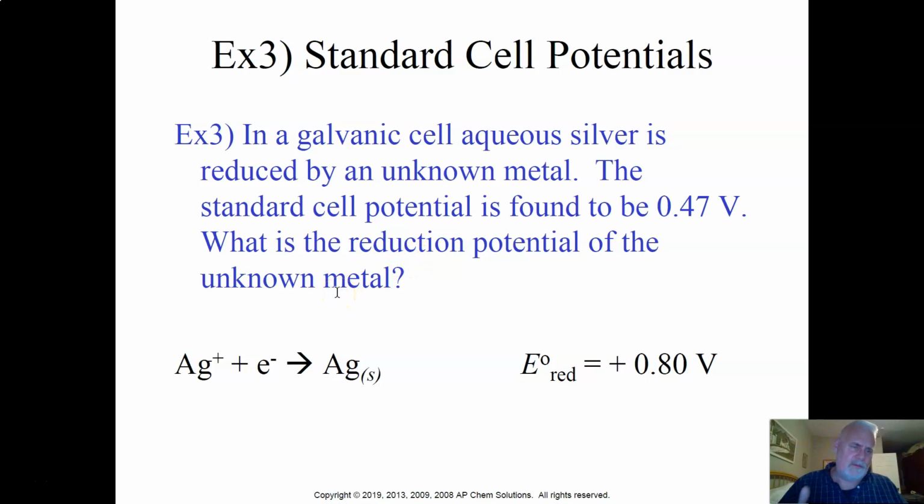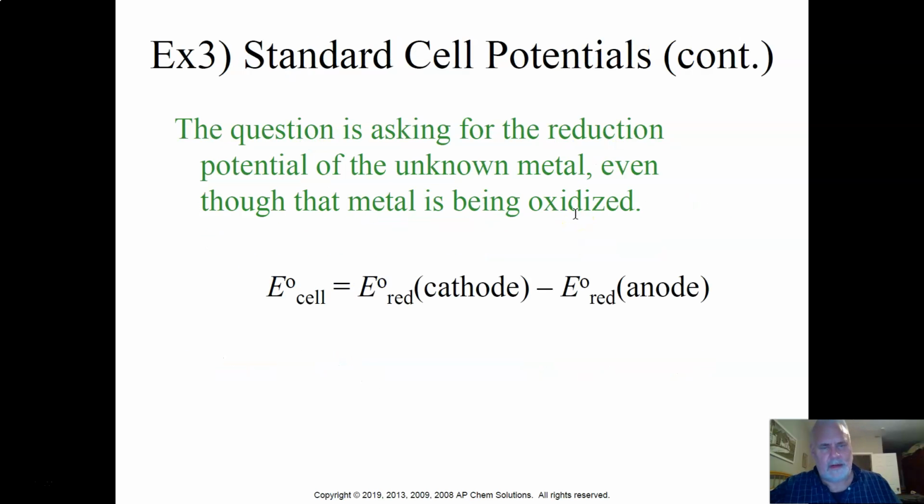The problem with an unknown is you don't know if silver is going to be a reduction or an oxidation. Chances are it's going to be the reduction potential because of that value, but you do know what the final voltage is. So we know the answer to the problem.